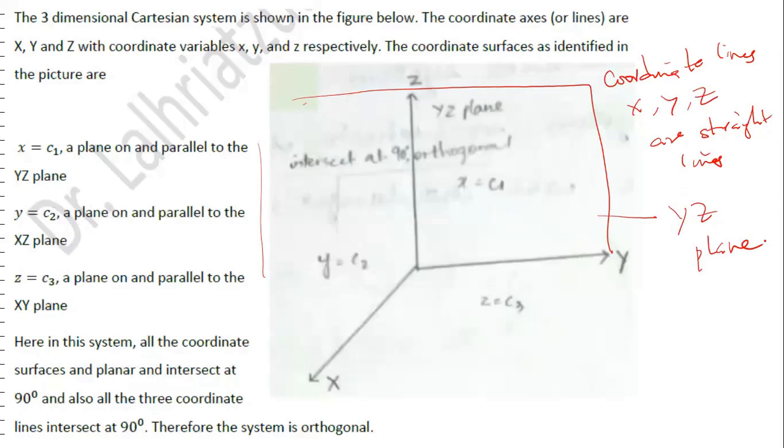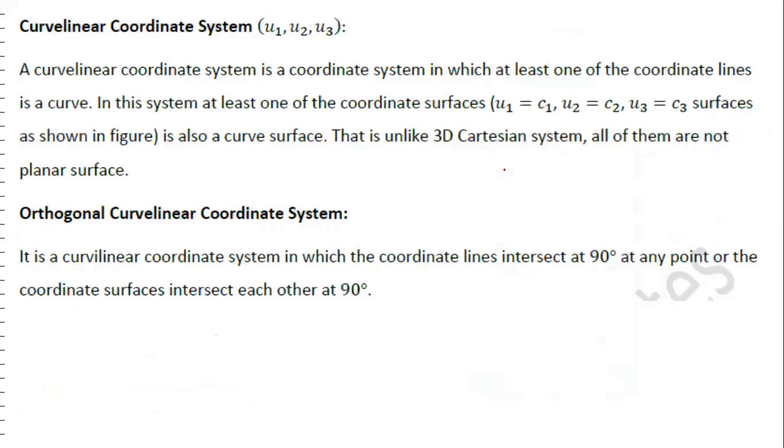If we are looking at the YZ plane, for every point on the YZ plane, x value is fixed. X value is equal to a certain constant. X coordinate value is a certain constant, C1.